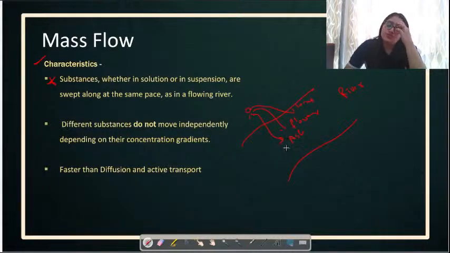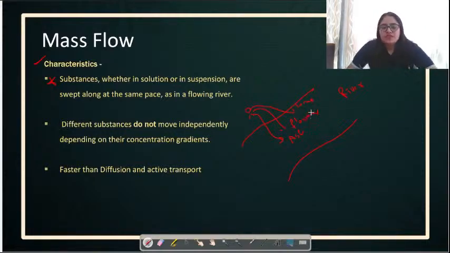Now you will note, students, in a river, the substances move with the help of a bulk flow or a mass flow. And whether it is ash, flower, or leaves, whatever is present and flowing with the help of a mass flow, all types of substances, irrespective of their concentration gradient, will flow at the same speed in the same direction.